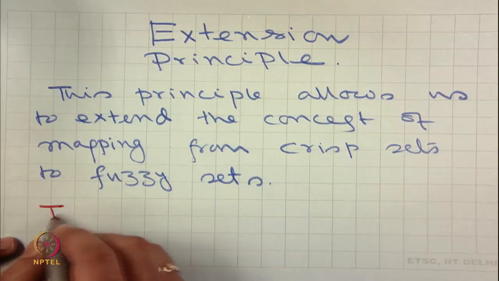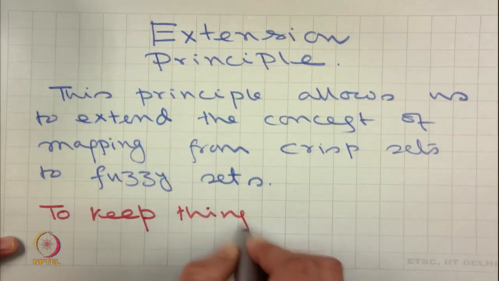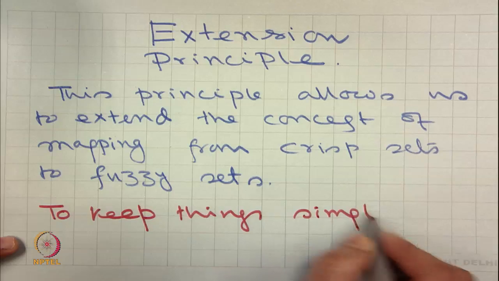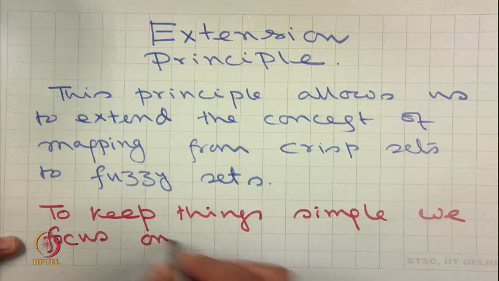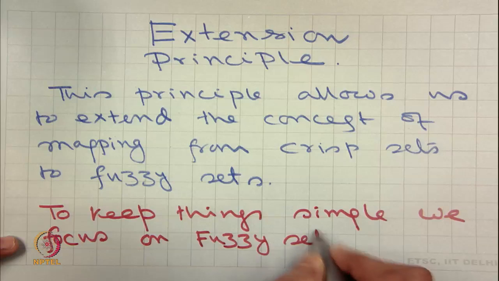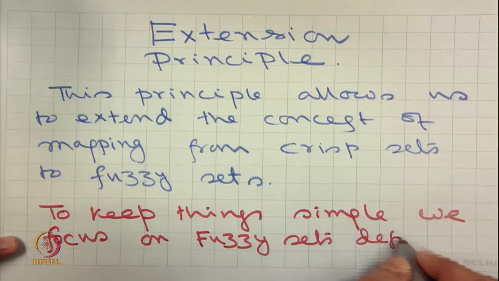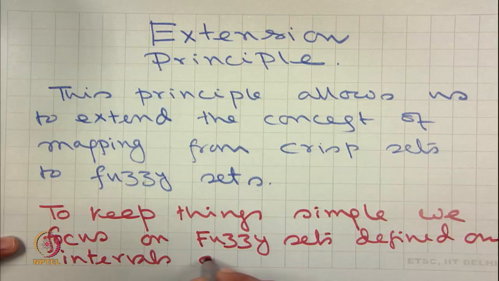To keep things simple, we focus on fuzzy sets defined on, or intervals on, R, that is the real line.